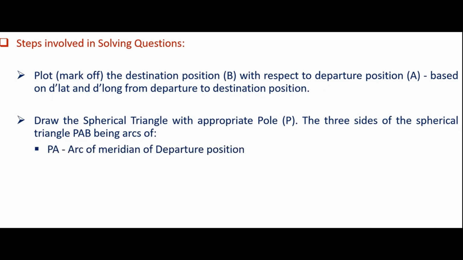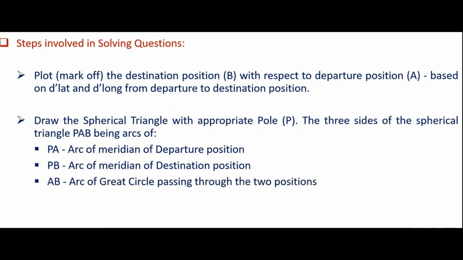The three sides of the spherical triangle are PA, the arc of meridian of the departure position from pole to A; PB, the arc of meridian of the destination position from P to B; and AB, the arc of great circle track contained between A and B. Now we have to load these parameters as we calculate them onto the triangle that has been made.